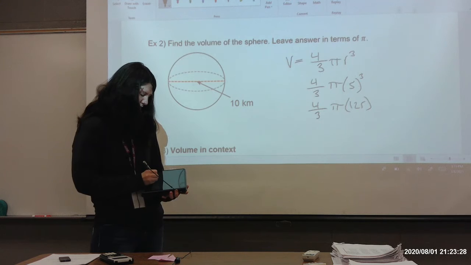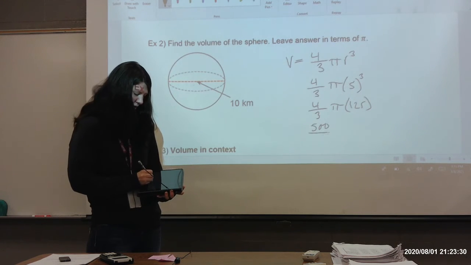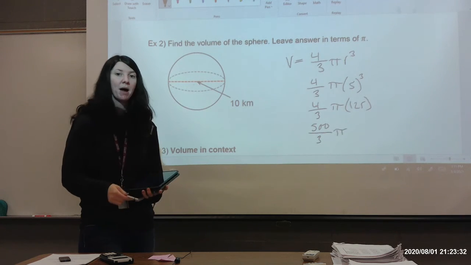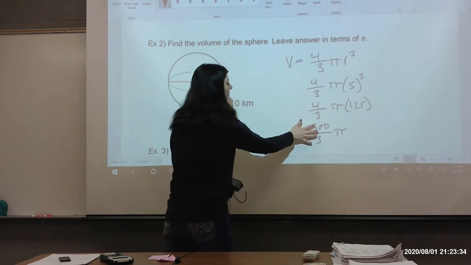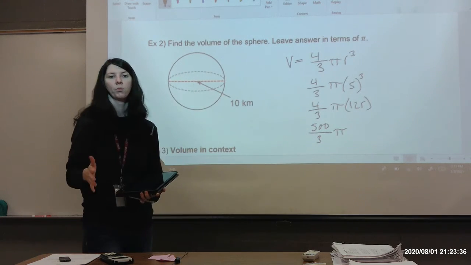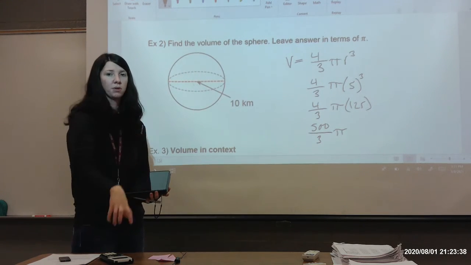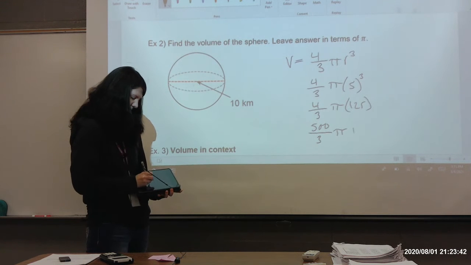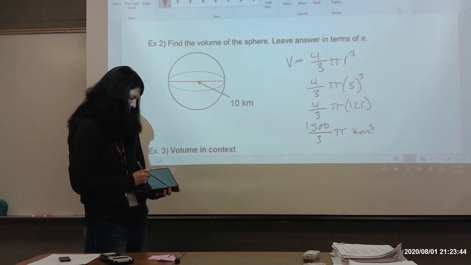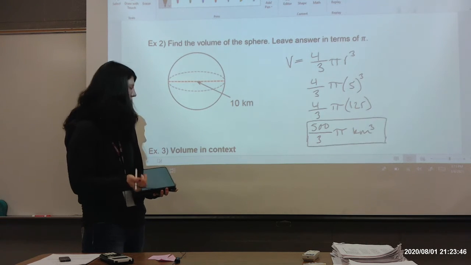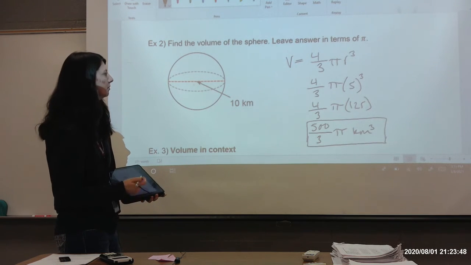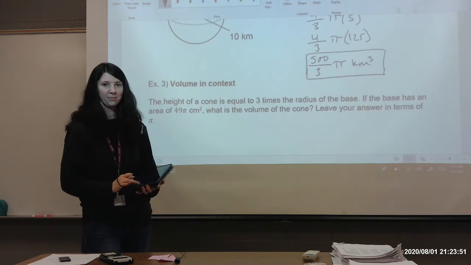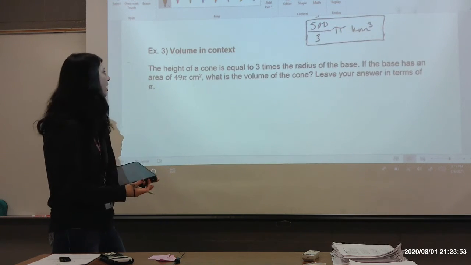So if I do 4 times 125, I get 500 divided by 3, and then I have my pi. So now I have an exact value that didn't have to be rounded at all. Whenever I'm ready to use it in the real world, I can just plug it into a calculator and get the decimal. But right now, it's exact. Kilometers cubed.